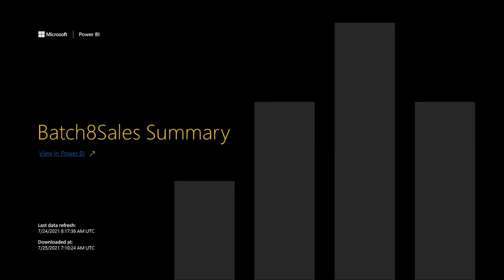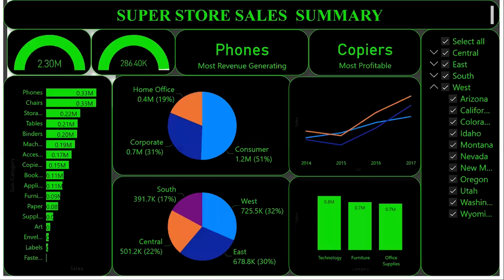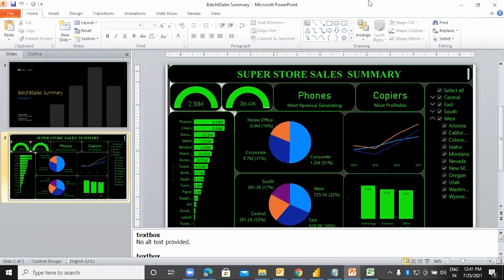So this is the home page. It has been created, and here is your report. Now do not expect it to be interactive over here. If you click anywhere on the report, it will take you to Power BI, where you can get it in an interactive manner. Okay. So simply you are getting a presentation of this report.